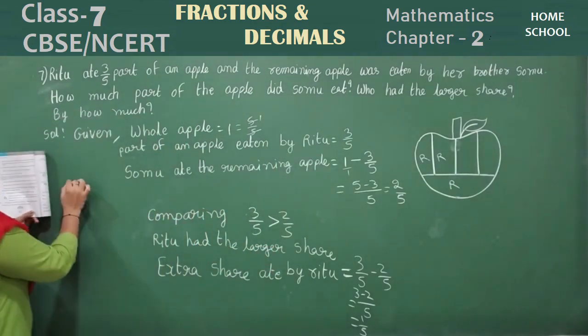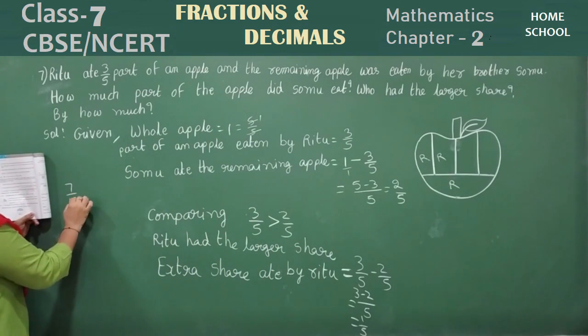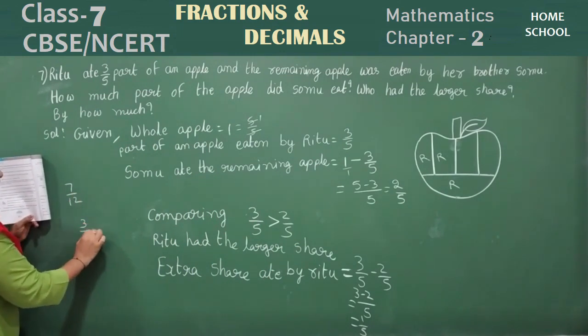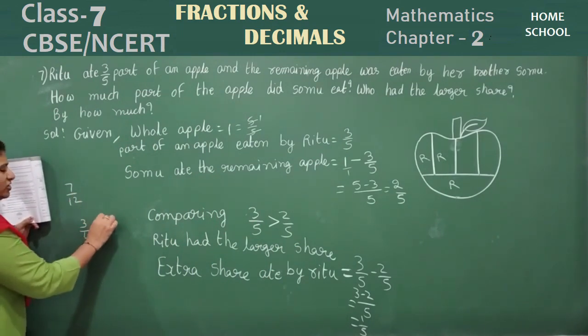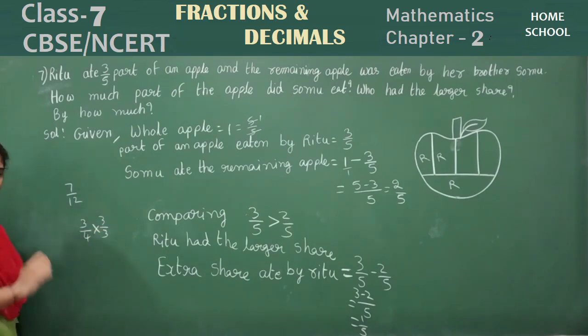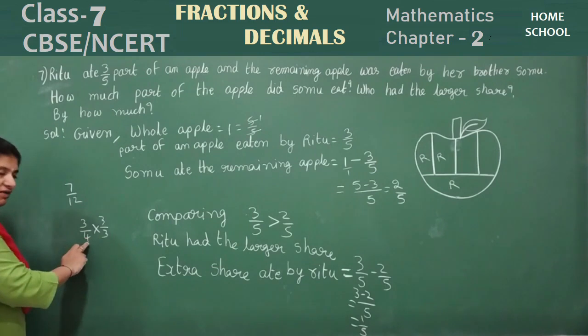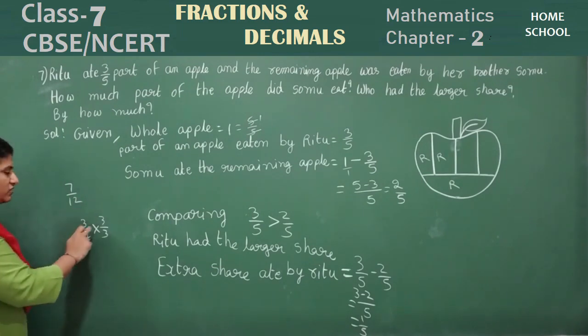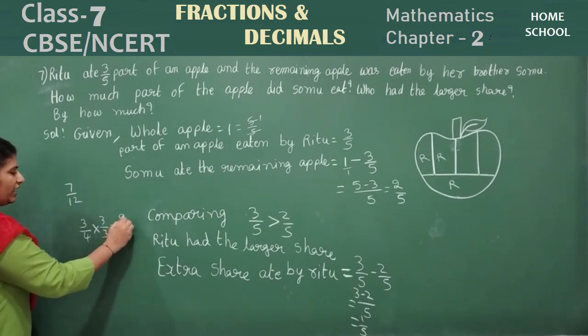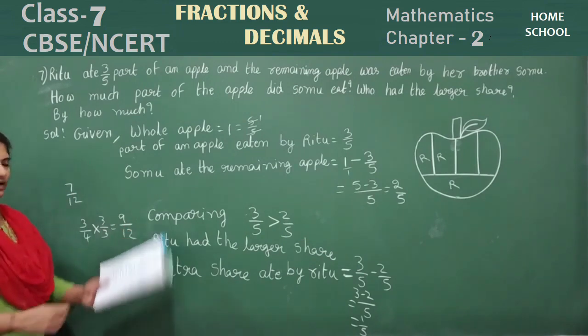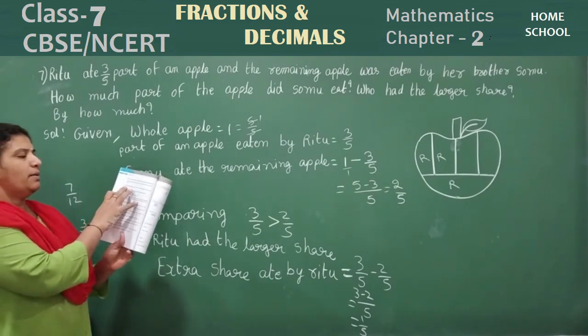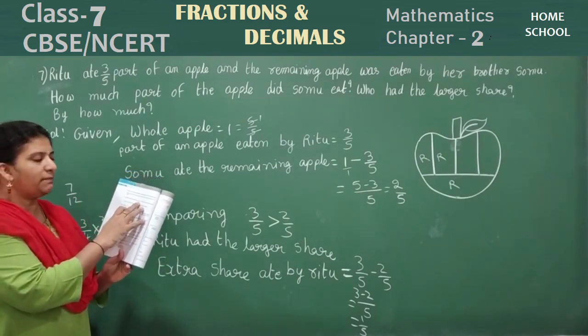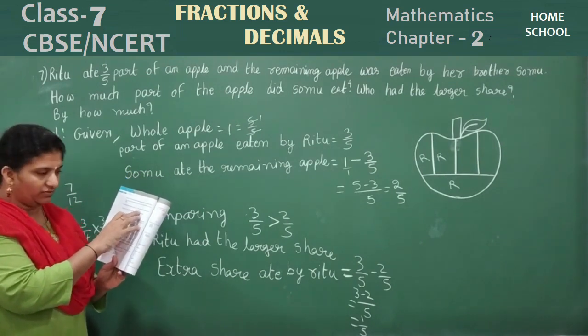So roughly let me show here. 7 by 12 and 3 by 4 convert into equivalent fraction by multiplying 3. Why? 4 and 12, LCM is 12. In 4 table where you get 3s, right? So that 3 multiply, what you are going to get? 9 by 12. So observe here, children. Michael finished coloring a picture in 7 by 12 hour.